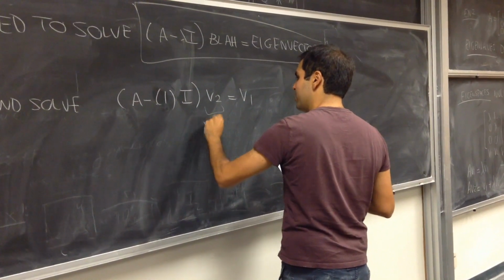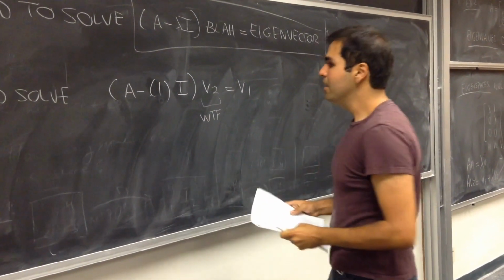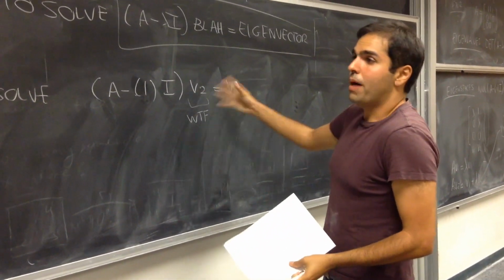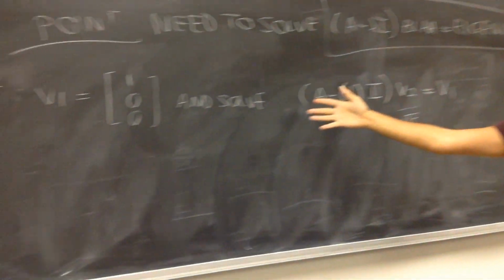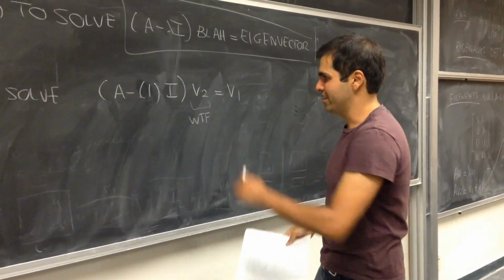Again, remember we want to find this. And again, by the way, it's completely random why I chose 1, 0, 0. You could have tried with the other one, but you will see the other one has no solution.